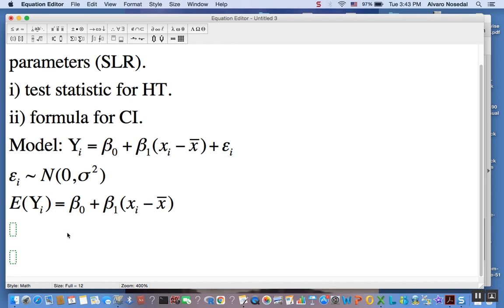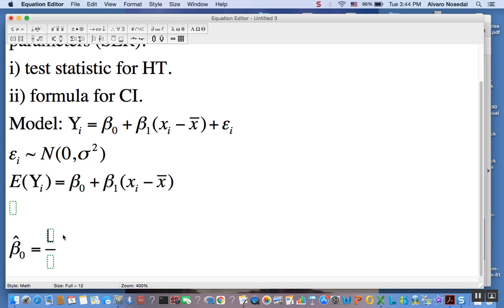Our estimators, beta hat 0. We know that if we are dealing with the centered model, we can show, for instance, using the normal equations approach, that the least squares estimator for beta hat 0 would be just y bar, meaning the sample mean.